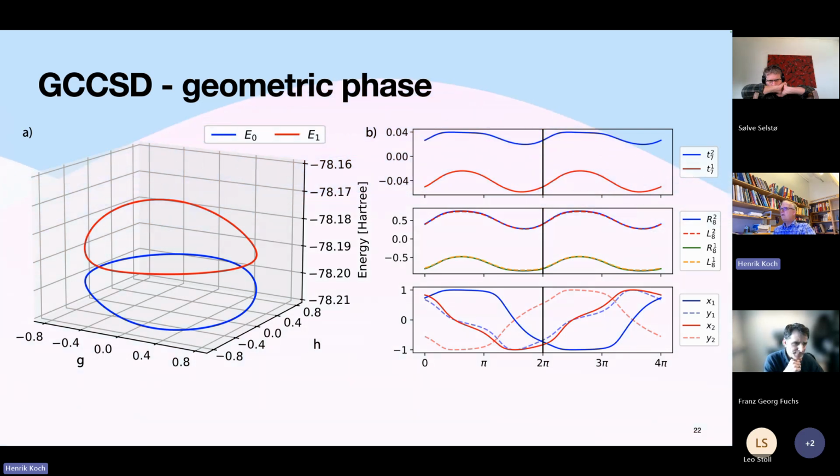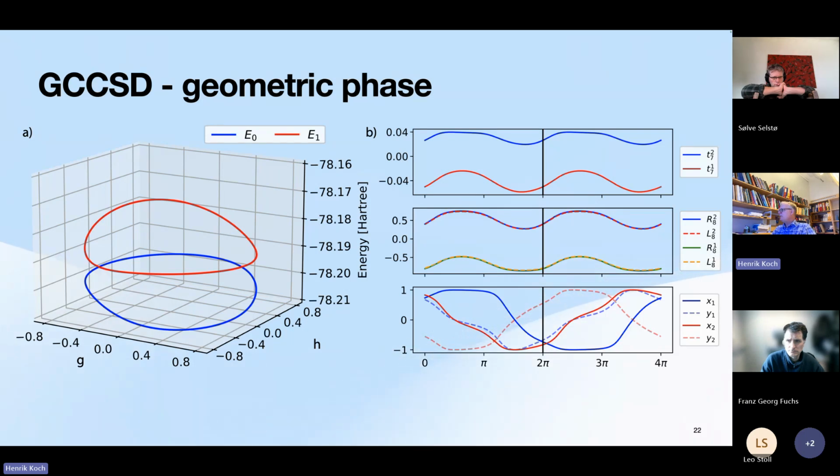So when we diagonalize the full space matrix, we actually get the right change of sign when we do one circle from 0 to 2 pi. This you can see in the middle here, that we get the right change of the sign.